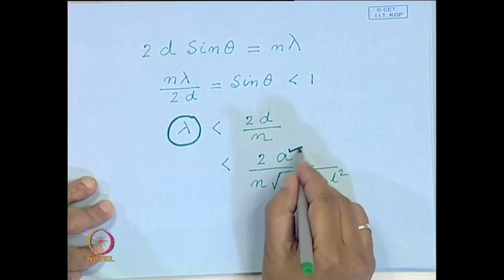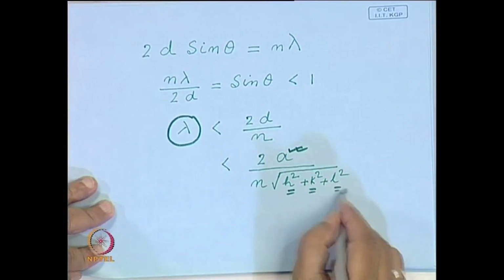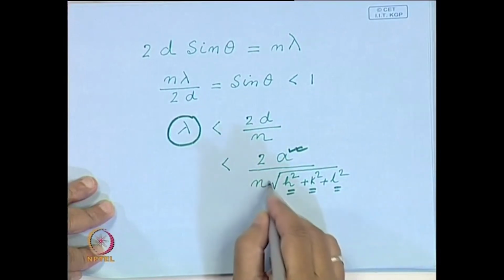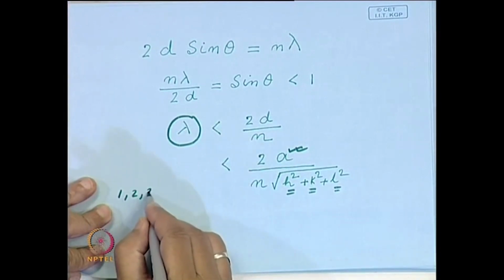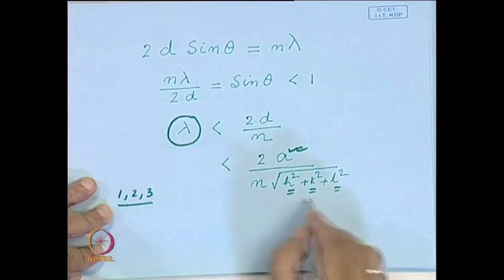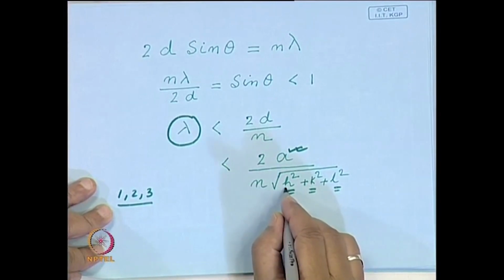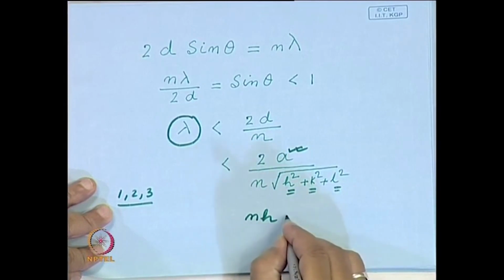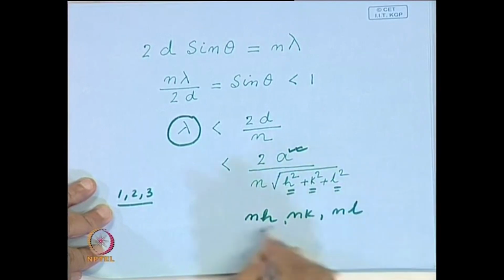Here d is the lattice parameter, with the Miller indices of the reflecting plane, and n is an integer called the order of the diffraction. This n can have the value 1, 2, 3, etc. Very often in X-ray diffraction, instead of saying the reflection comes from plane HKL, we say the reflection comes from nH, nK, nL.